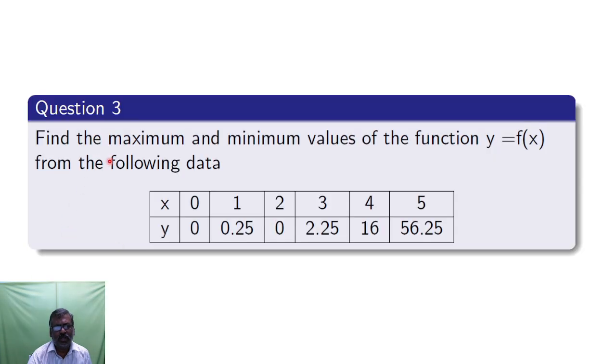See the next one. Find the maximum and minimum of the function y equal to f of x from the following table. The x value is given, the y value is given. See that all the x values are increased by 1, so it is uniformly increased. Only if the x values are uniformly increased can we apply the forward difference formula.